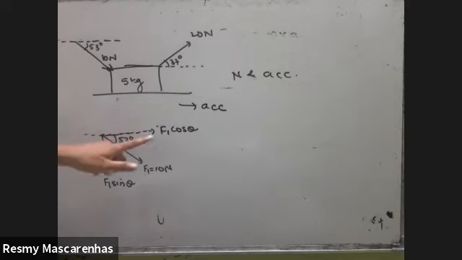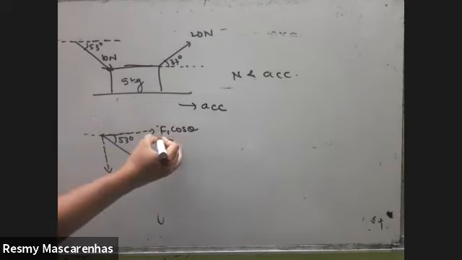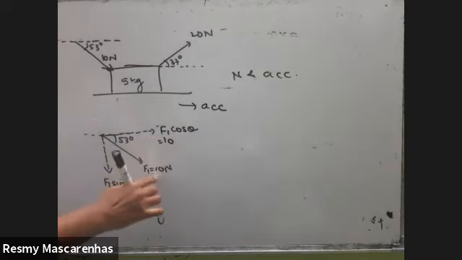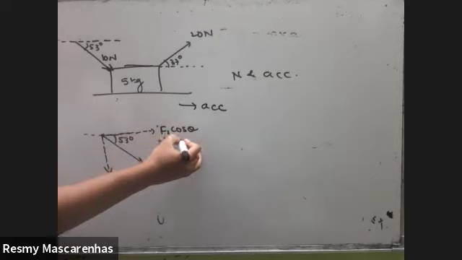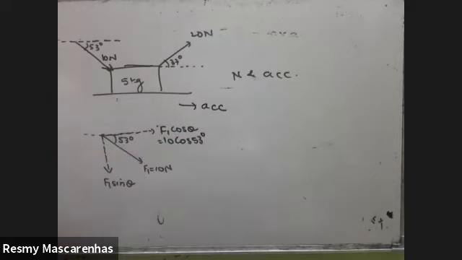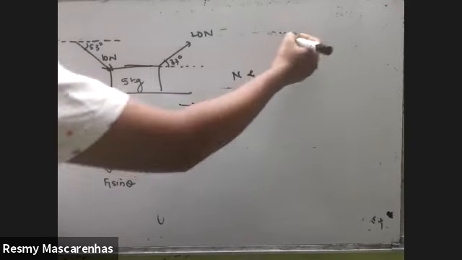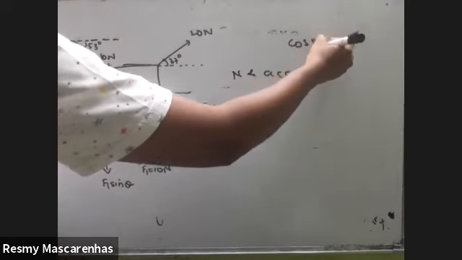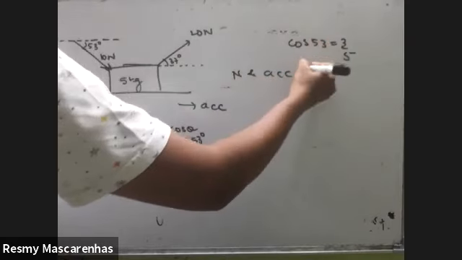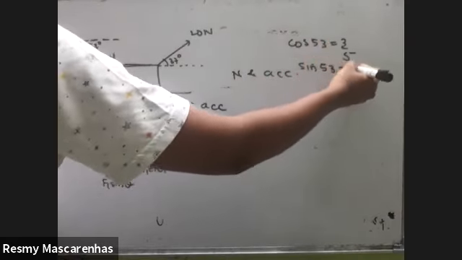So how much is F1? It is equal to 10. What is cos 53? All the values from the triangle I told you, it is a 37-degree triangle and a 53-degree triangle. Directly learn them by heart and keep. Cos 53 is always 3 by 5. Sin 53 is always 4 by 5.